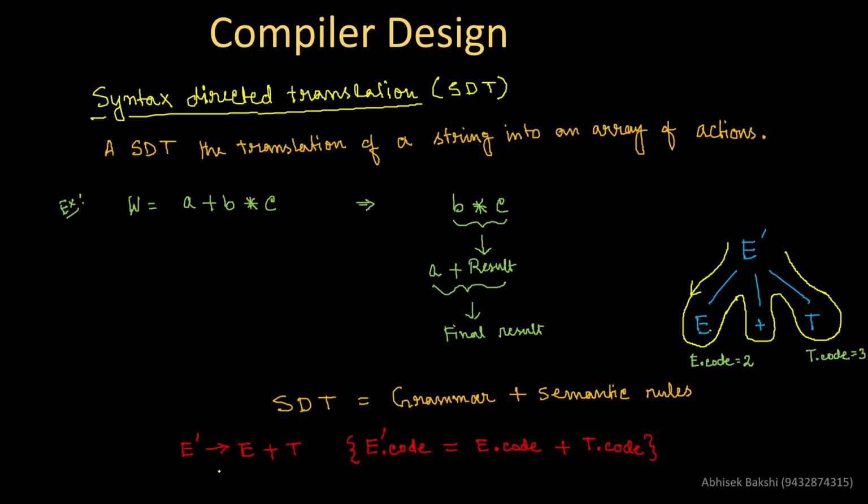Production will fire means this production rule will start working, and at this point the rule says that whatever value of the code is present in node E and whatever value of the code is present in node T in the parse tree should be added and stored in the code of node E dash. So you must have another attribute code here, which will add the code of these two other nodes, that is 2 and 3, and the result will get stored here as 5.